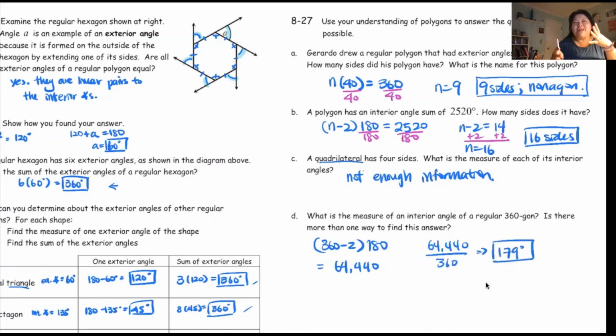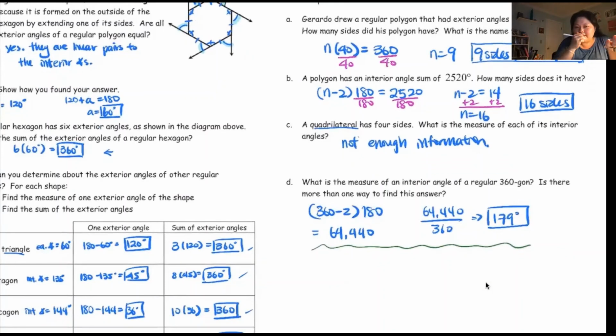Is there more than one way? Yes, you can go backwards. It's a 360-gon, so there are 360 sides. That means there are 360 angles. I don't know what each angle is going to measure, but I know the total is 360.